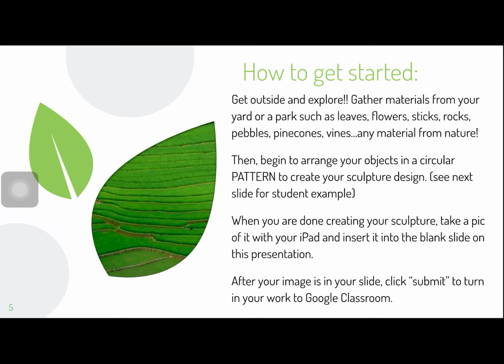Once you have those items, and you do want to get multiples of each item, especially since you're going to be repeating these objects multiple times to create the overall design for your sculpture, begin to arrange them in a circular pattern to create your sculpture design. I will show you a student example on the next slide in a moment here.